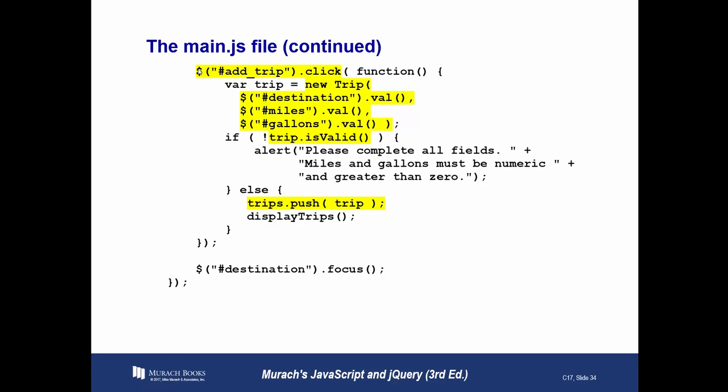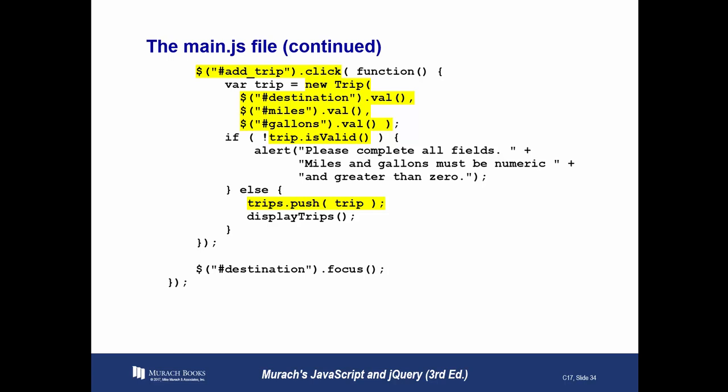The function starts by creating an empty array to hold trip objects. Then it creates a function named displayTrips that displays all the trips in that array. Next, you've got an event handler for the click event of the add trip button. This creates a new instance of a trip object, passing to it the values entered by the user.